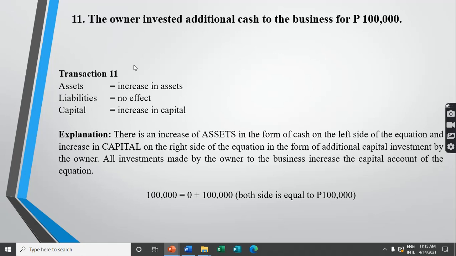Okay? There is an increase of asset in the form of cash on the left side of the equation and increase in capital on the right side of the equation in the form of additional capital investment by the owner. Ayan. So, lahat ng investment made by the owner to the business increase the capital account of the equation. Kaya, nag-increase ng both side ng 100,000. Okay?